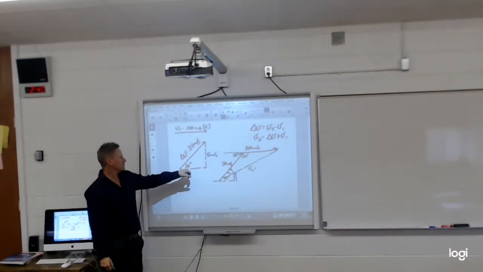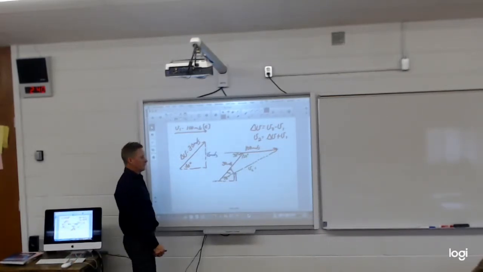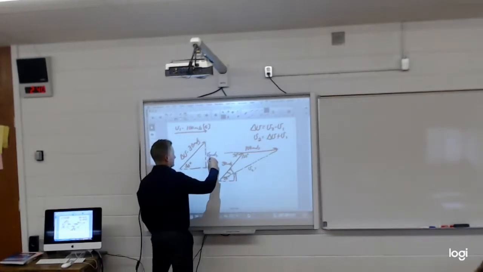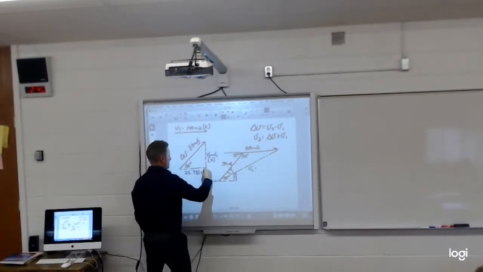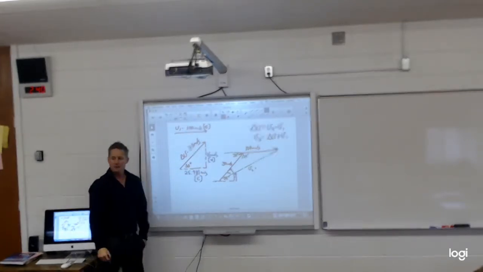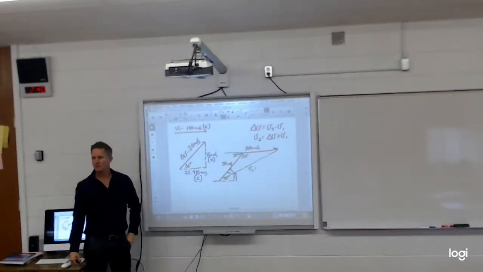What is cos 30 times 30? Somebody punch that into the calculator, please. Cos 30 times 30. 25.981. Meters per second, right? Yeah, that's right. So there, I have one component, two components, three components.